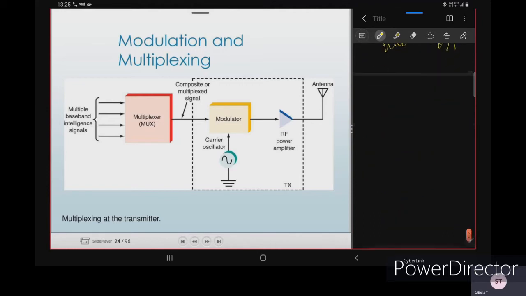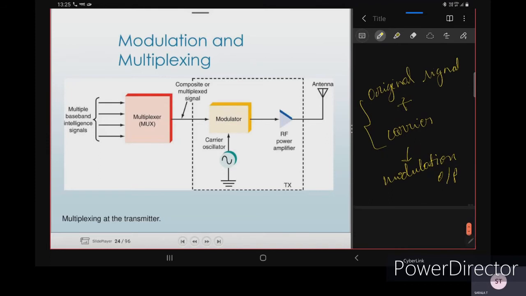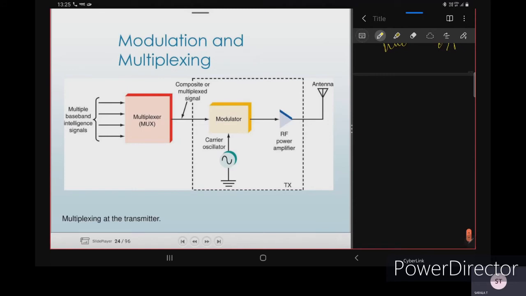That is a representation of your modulation. Original signal plus carrier signal, you will be getting modulation. You will be doing some process by using these two signals and you will get the modulation output.